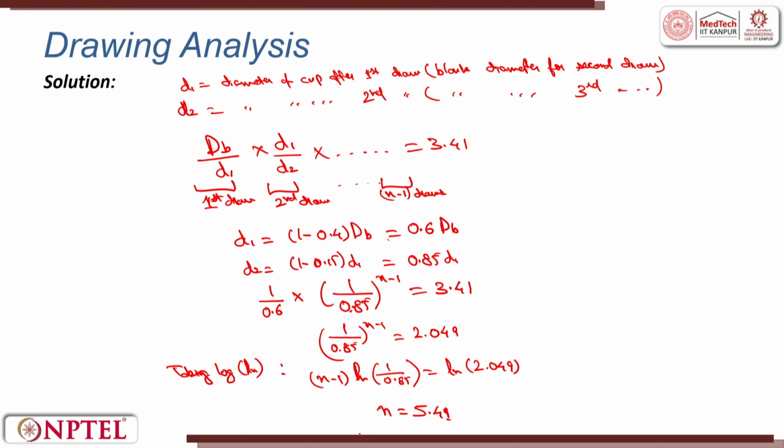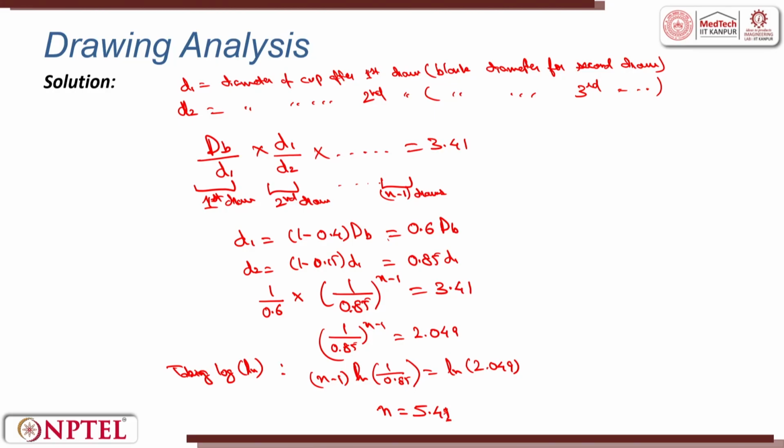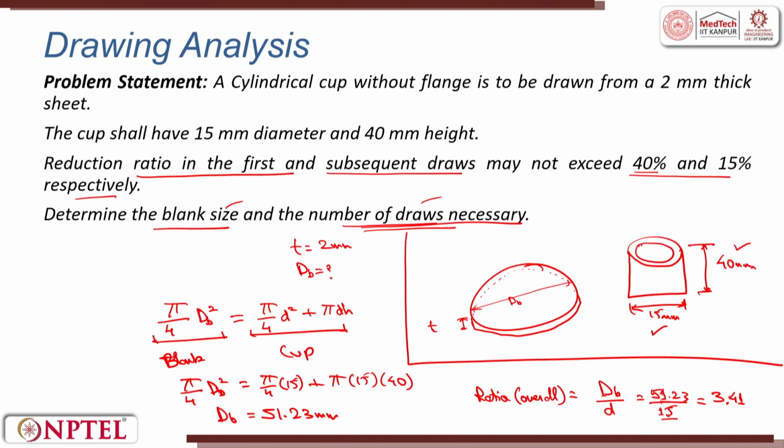Now n is 5.41, that is number of draws would be 5.41, which means more than 5 draws would be taken to get the final shape, which means number of draws which has to be a whole number, that is 6 number of draws. Now question was find the size of the blank, where we have gotten the size of the blank, the diameter as this, and the number of draws which is 6.